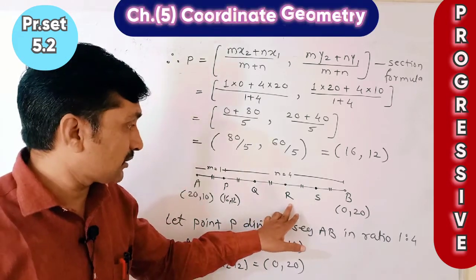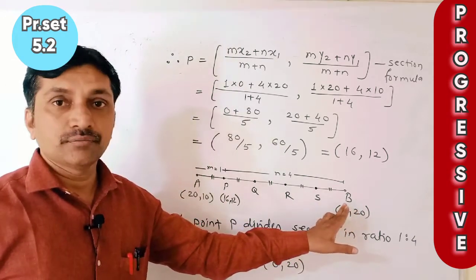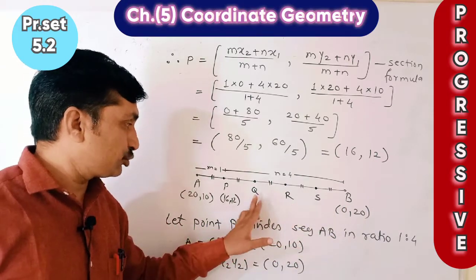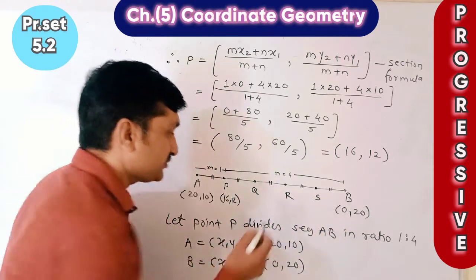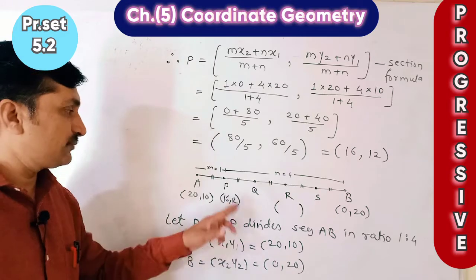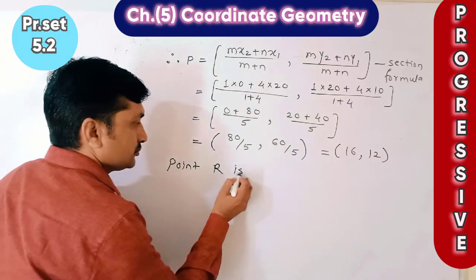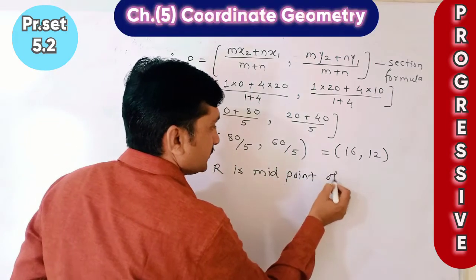Now point R is the midpoint of PB. After getting R, Q is the midpoint of PR, and after that S is the midpoint of RB. First let's find point R. Point R is the midpoint of segment PB.